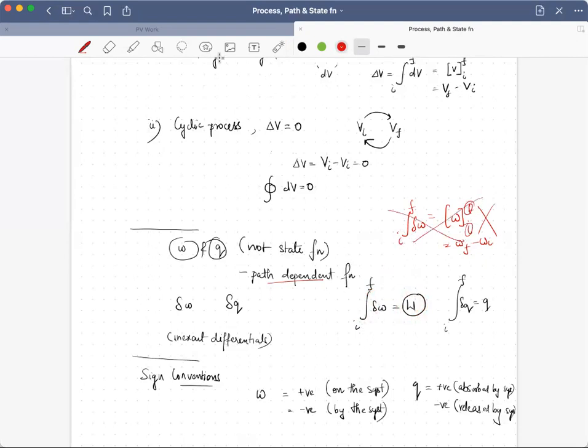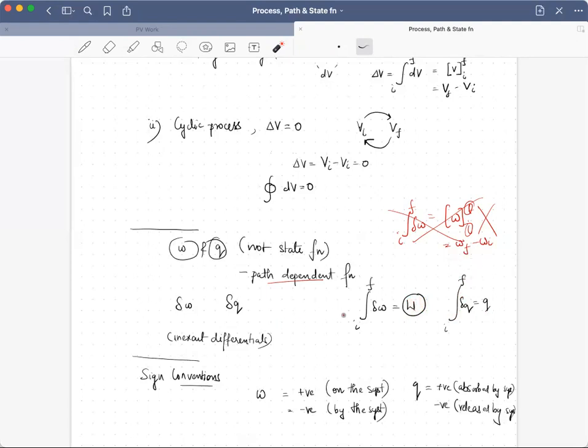And that is why, when I write the integration over the whole change in state from I to F, I'll simply represent the value as total work, with the symbol W. Similarly, total heat, I'll simply represent as Q. We represent it in integration with this symbol, but you cannot use the formula that you use for the exact differential.